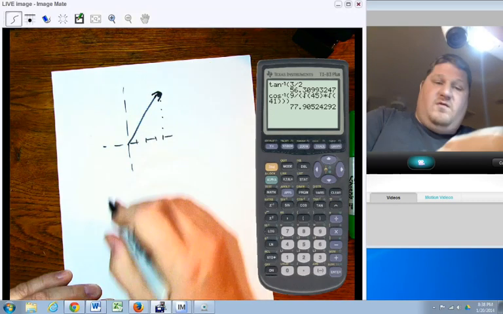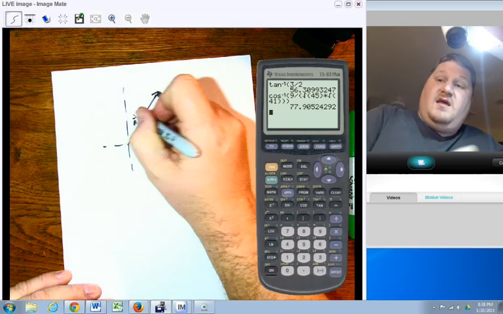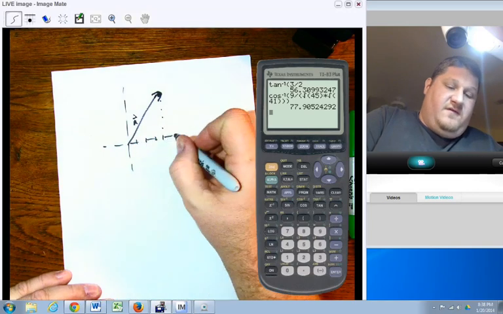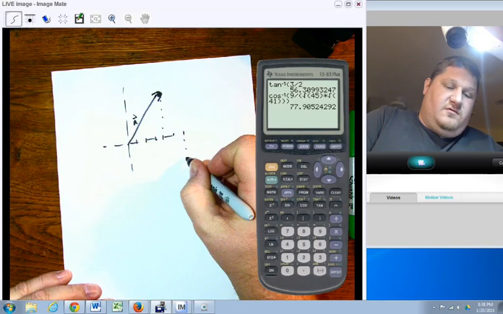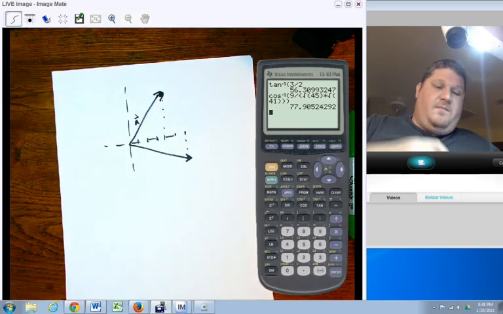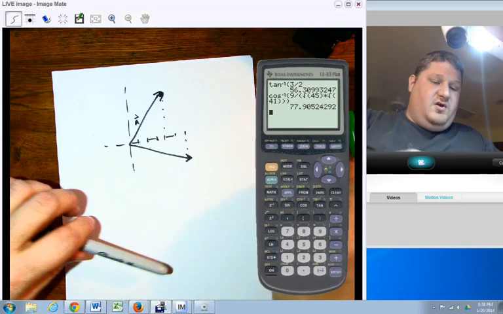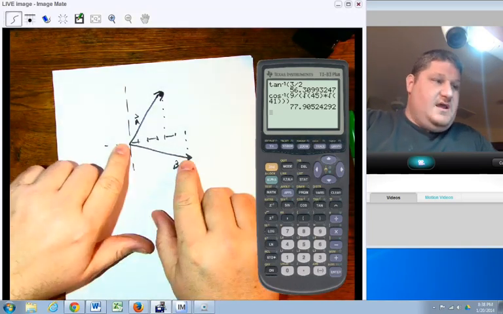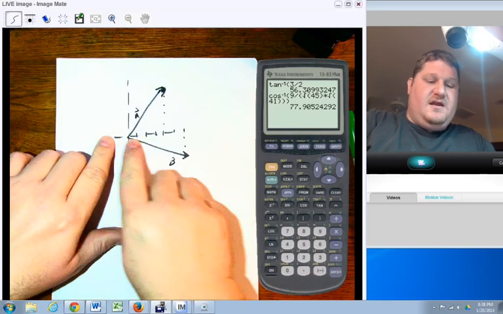There's one vector. That's A. Now we have 6, -3. 1, 2, 3, 4, 5, 6. 1, 2, 3. And we have this vector down here. Now, if we were to look only at vector B, it obviously goes from here to here.